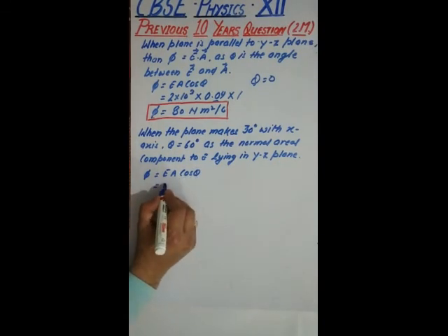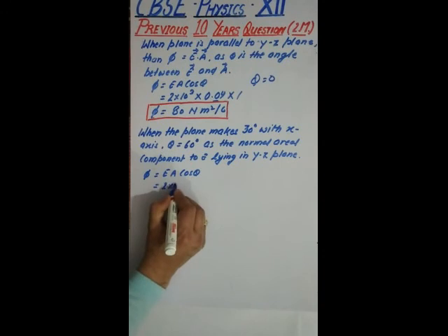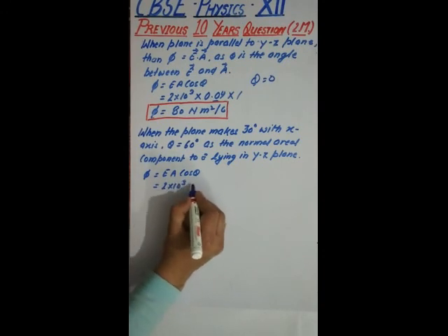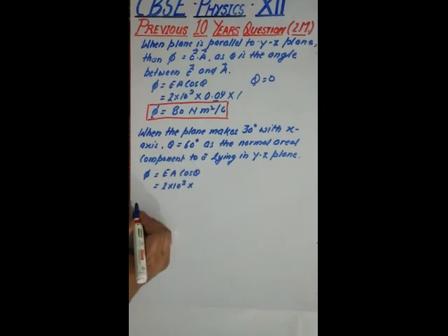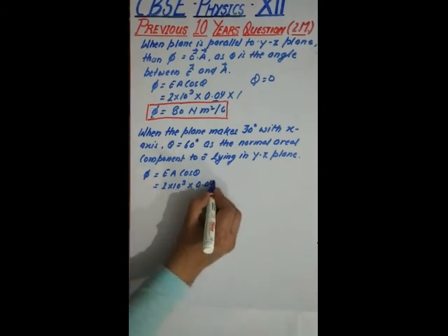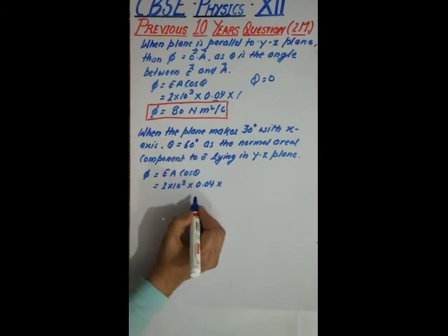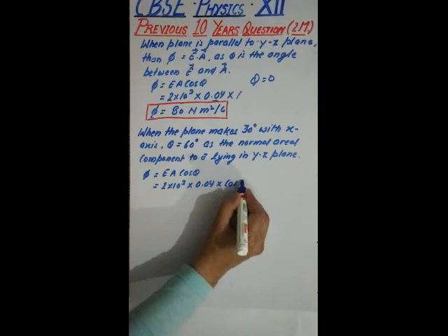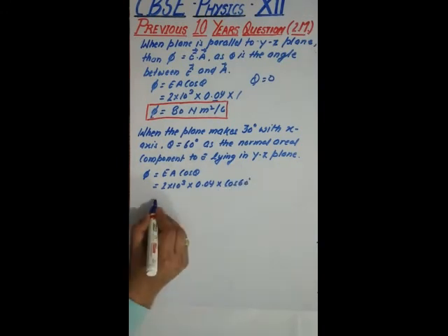Value of electric field is 2 into 10 to the power 3. Value of area will be 0.04 and cos 60 degree.